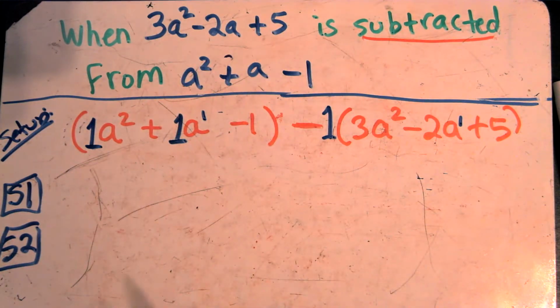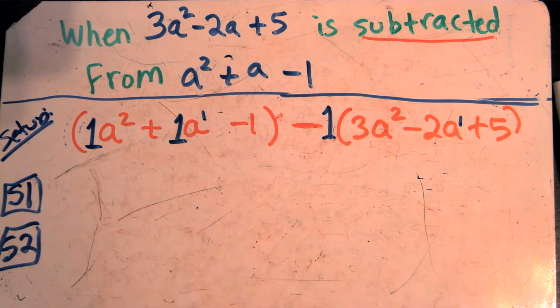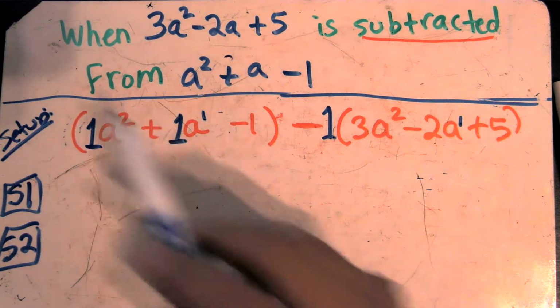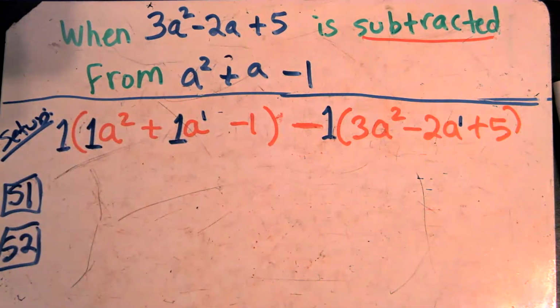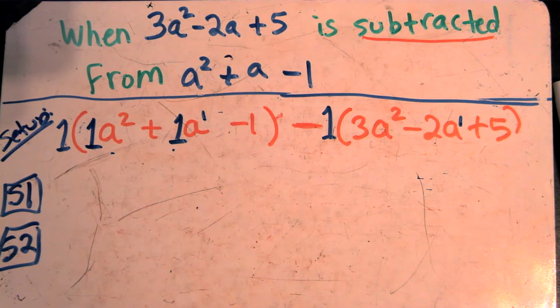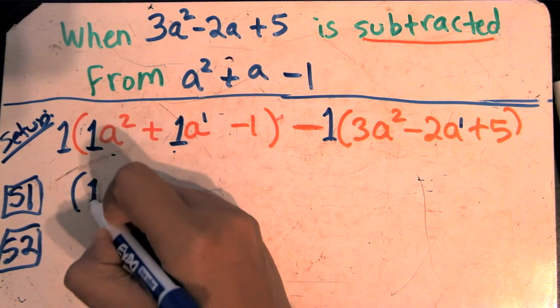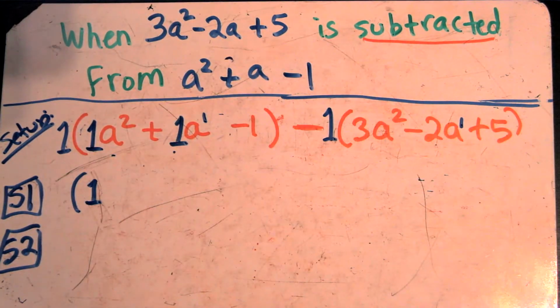Now someone in school asked me, what about the number in front of the first polynomial? If you don't see a number in front, what number is being multiplied to this polynomial? It's 1. But if I were to multiply any of these numbers by positive 1, nothing happens because 1 is the multiplicative identity.